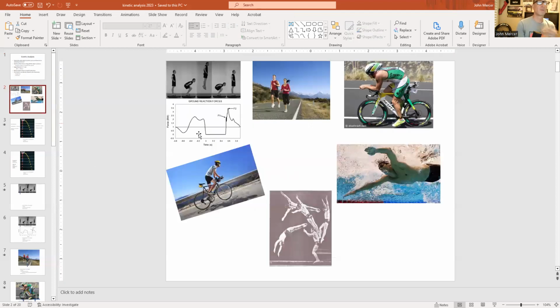All right, so we'll take this approach with any sport that we're interested in understanding, whether it's something as simple as a counter movement jump, running or biking or swimming or biking uphill, or maybe something more complex like some dive or some artistic maneuver. But in each of these cases, what we're going to do is identify a force acting on the object or the system.